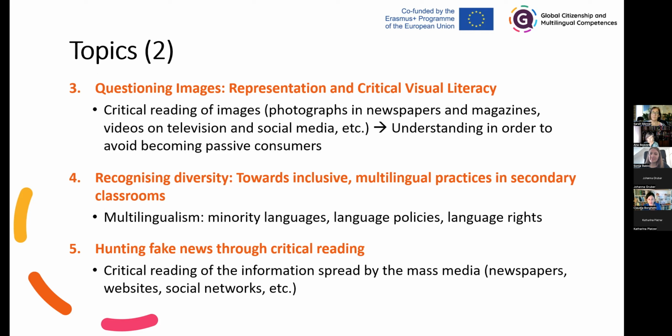The last one, number 5, the fake news. Critical reading is being powerful, empowered, in order to deconstruct information in general, especially when they are tools for propaganda, for example.